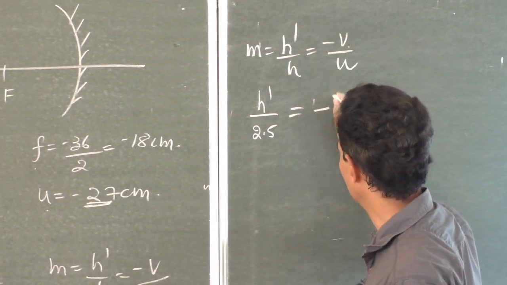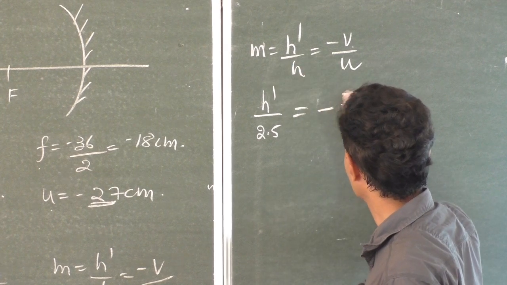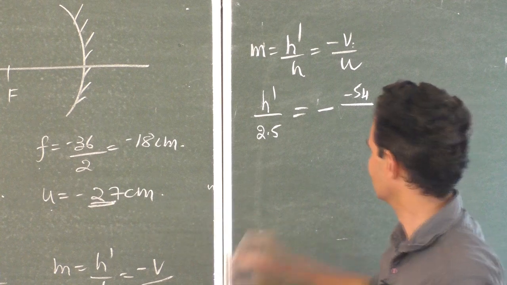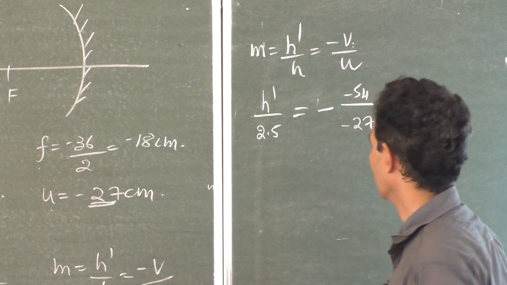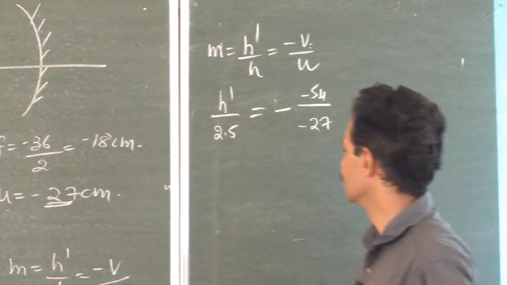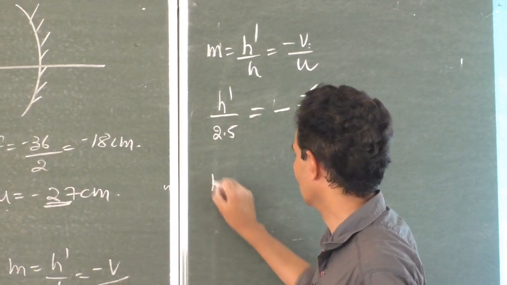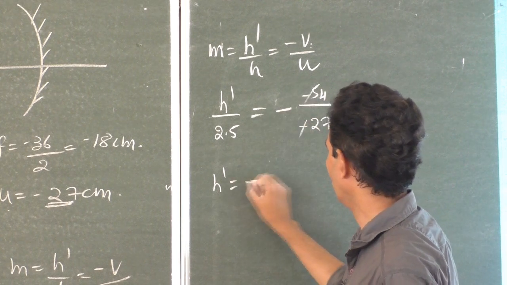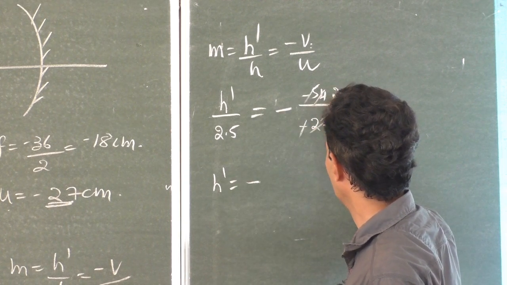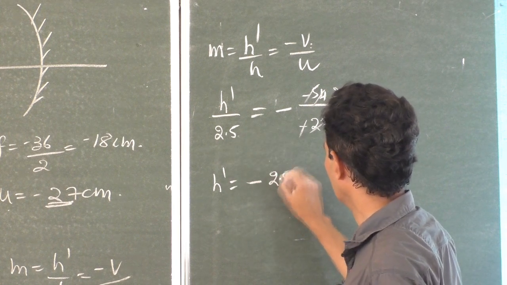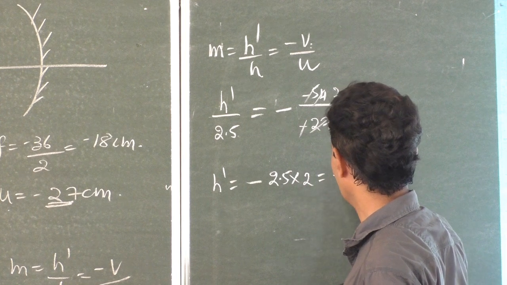We got it as minus 54, this minus and this minus. This is minus 54. U is also minus on the other side, minus 27. Everything is in centimeters, so we don't have any confusion here. So h dash is equal to, this minus will get cancelled, this minus will remain minus, and this 2s are minus 2.5 into 2, that is minus 5 centimeters.